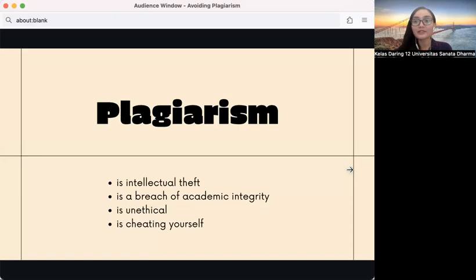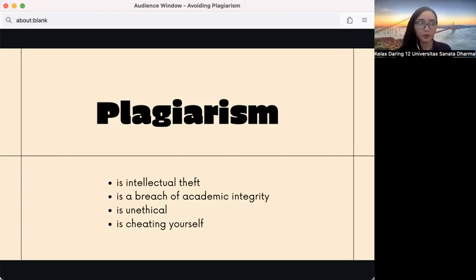So let's start by understanding the concept of plagiarism itself. Basically, plagiarism is intellectual theft. You use others' words, sentences, or ideas as your own without writing down the original writer, without writing down the original source.